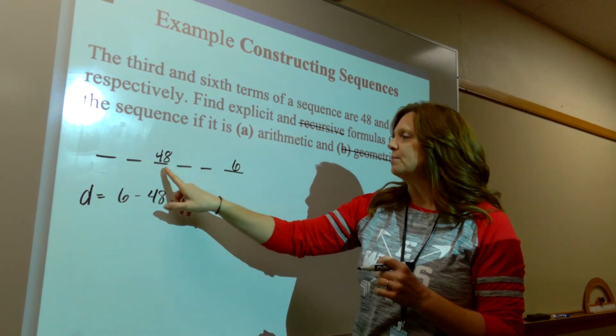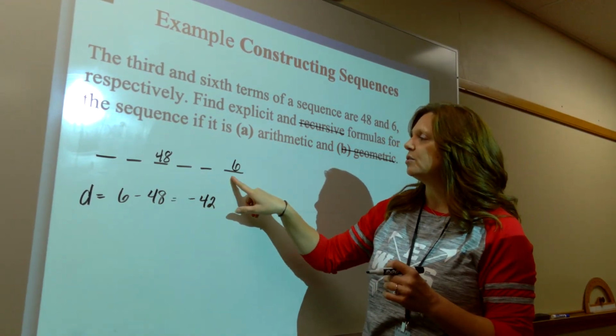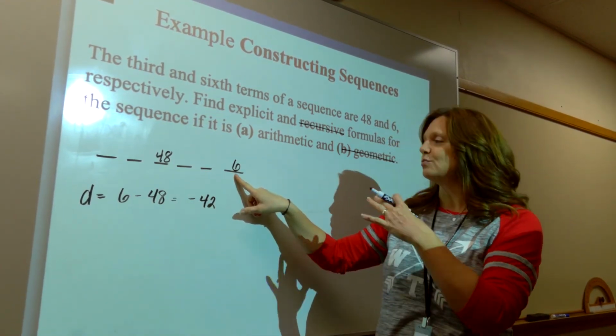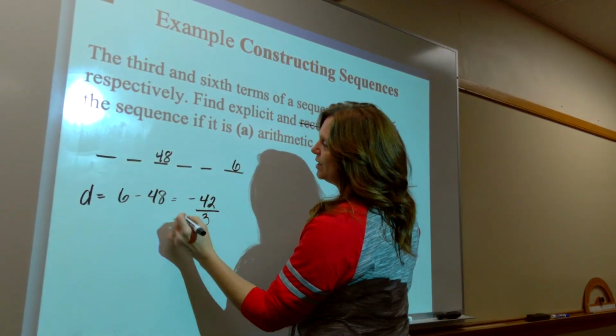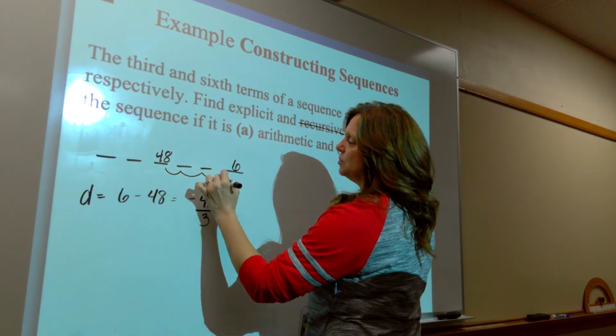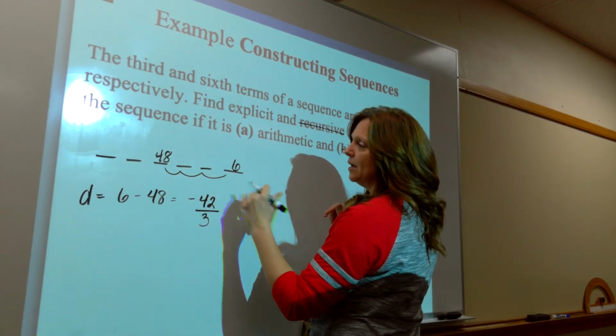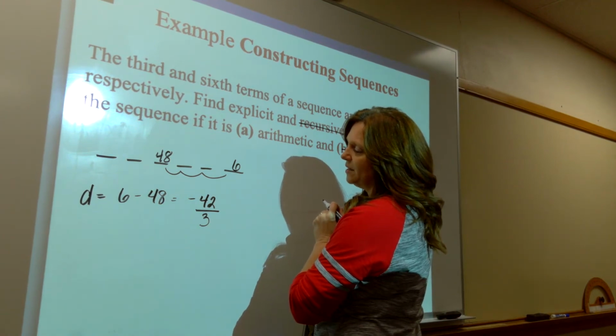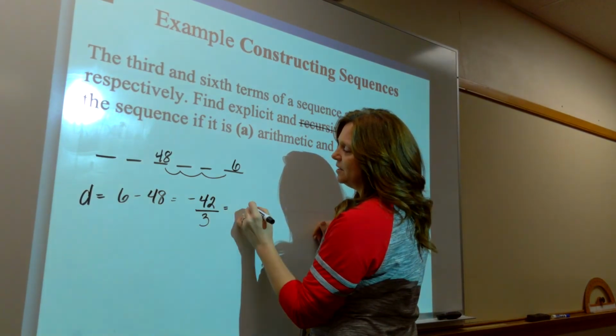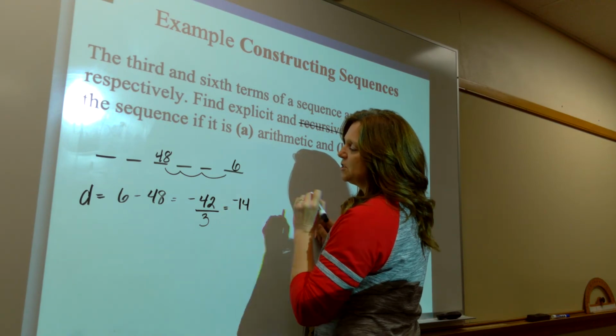So that's broken apart into 3 pieces, 3 entries later. So I'm going to take this and divide it by 3 because there's 3 steps that get me to here. So 42 divided by 3 is 14. So it would be a negative 14.